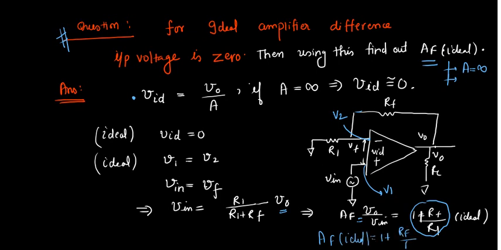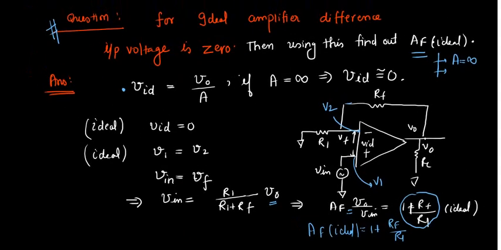So the motto of showing you this result was that in most of the texts and in your previous classes you have seen this. That is why you were unaware of the fact that AF exact is A(R1 plus RF) divided by (AR1 plus R1 plus RF), because you have used these steps most of the time to derive the voltage gain with feedback.